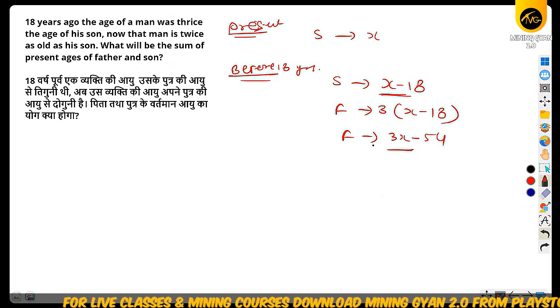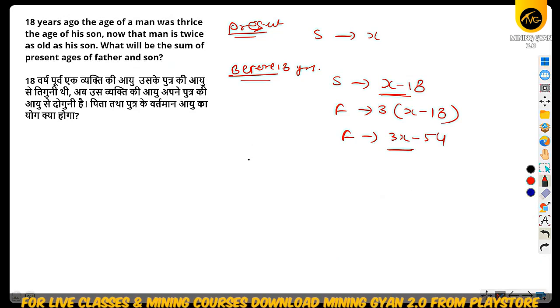Now, what is the condition? Now the man is twice as old as his son. Okay, now that means the present condition.